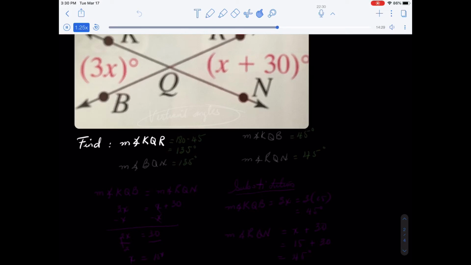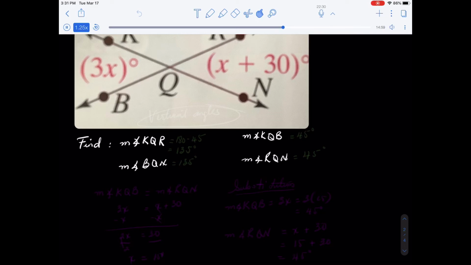Then I want you to find the measurement of angle BQN. I also want you to find the measurement of angle KQB, and then the measurement of angle RQN.